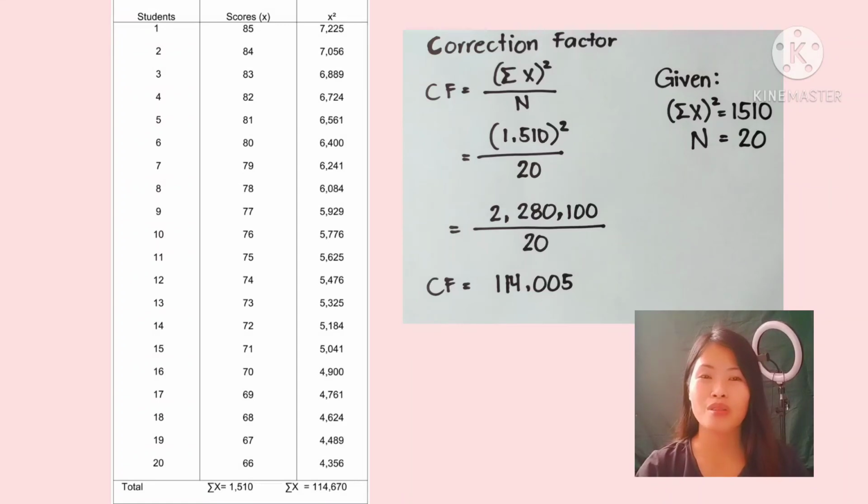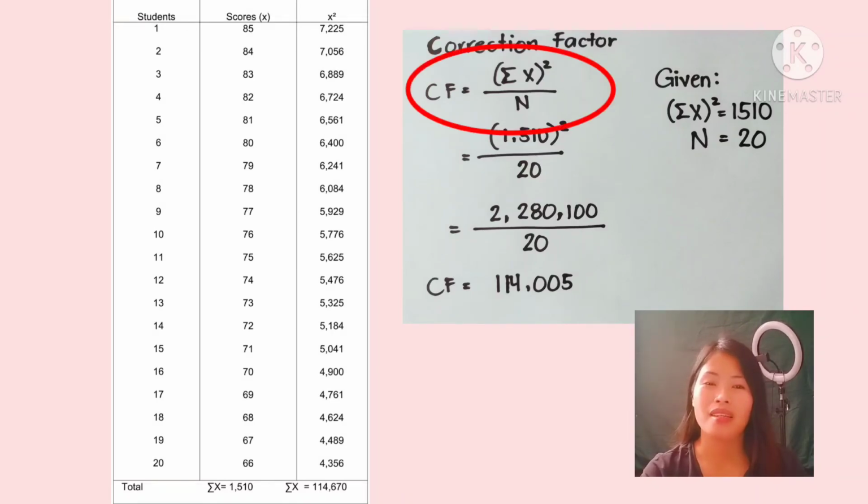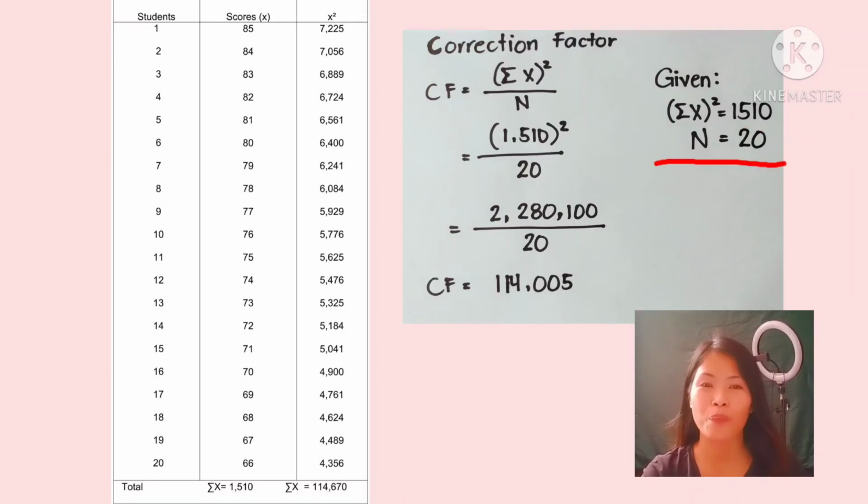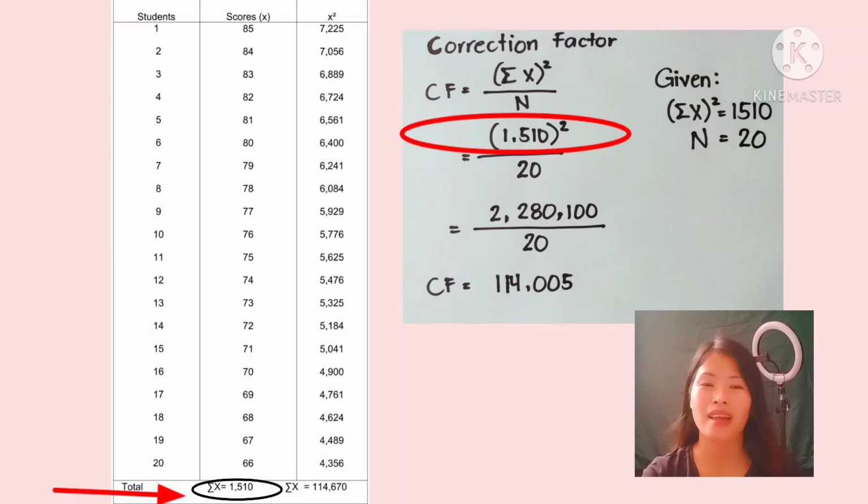According to step 4, we need to solve for the correction factor with the use of this formula. The formula of the correction factor is CF equals the summation of x, squared, divided by n. Our summation of x is 1,510 and our n is 20. So now let's substitute. We have 1,510 squared divided by 20.